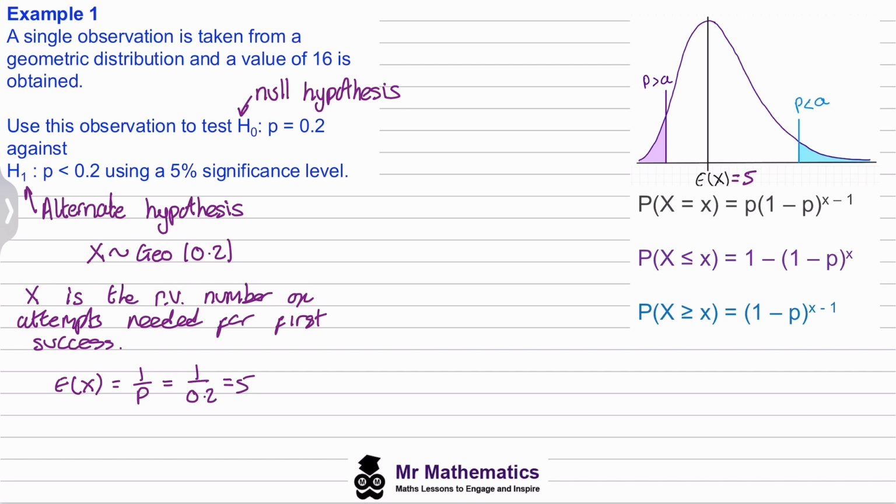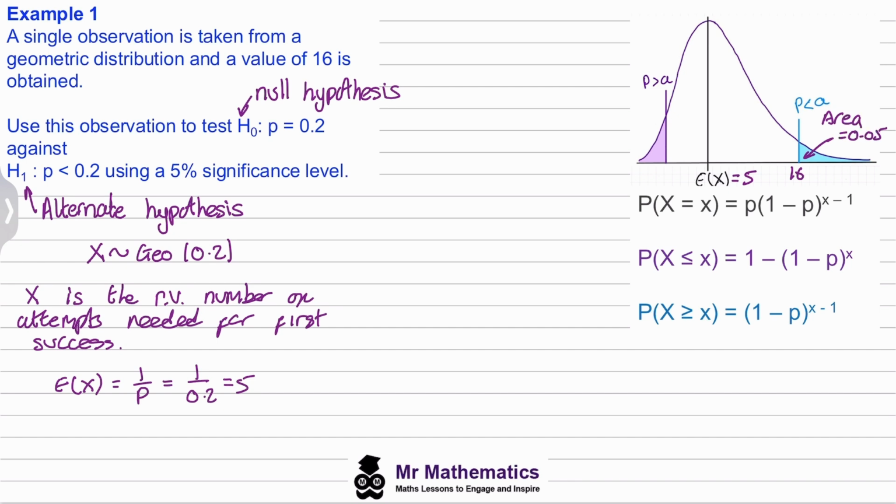And we're given in the question that the first success occurred on the 16th trial. And we can see this is to the right of our expected value. So we're looking at this region here, and this is called our critical region. And we're told that this has an area of our significance level of 5%. This is an area of 0.05.